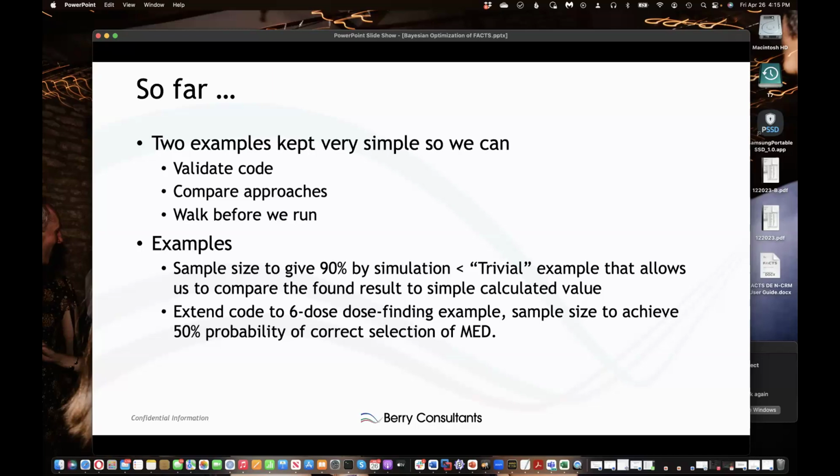And the question is, what's the minimum sample size we need to have a 50% probability of correctly selecting some minimal efficacious dose? So we'll have a quick look at how it's performed on those 2 examples.